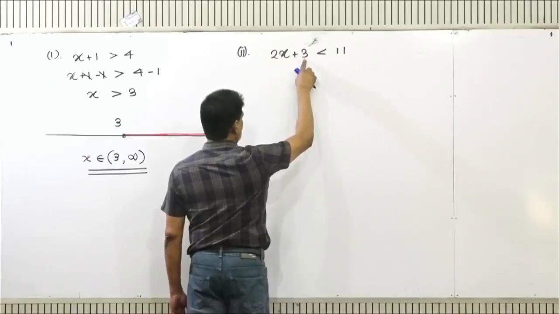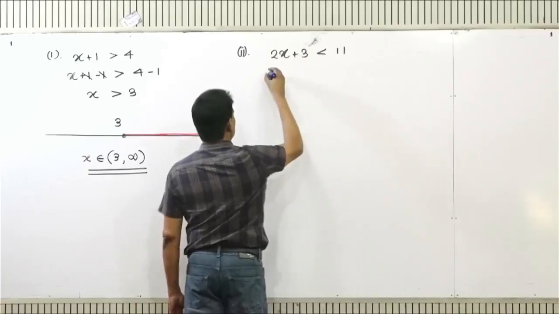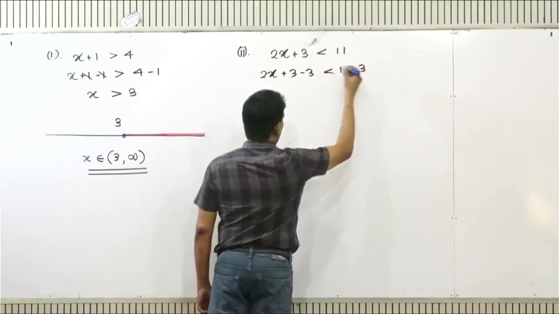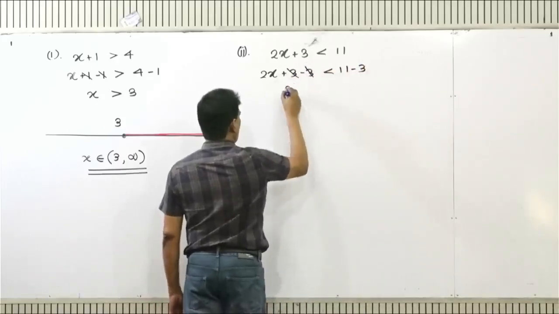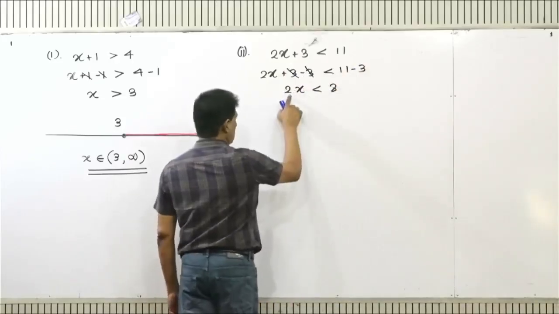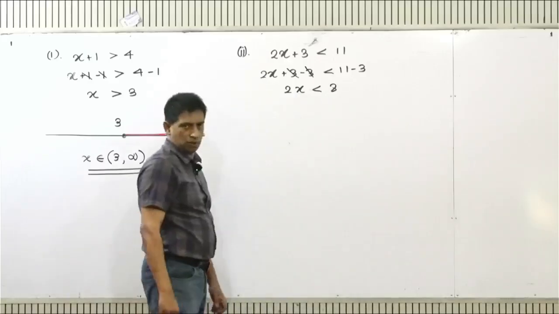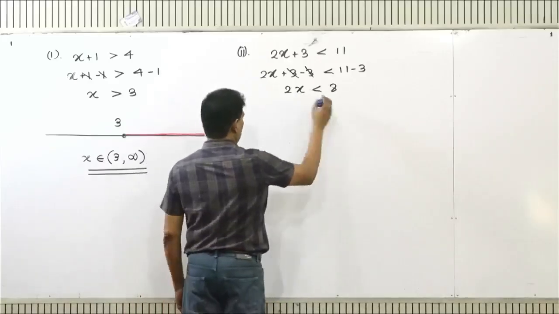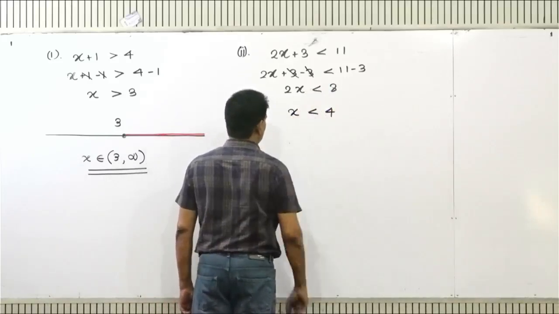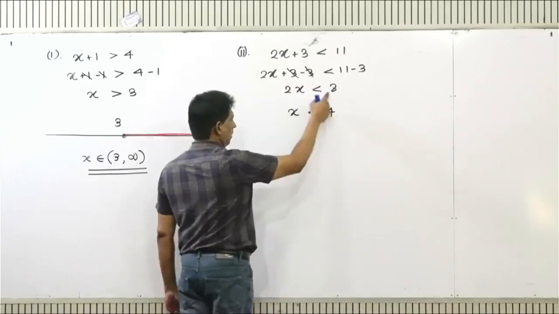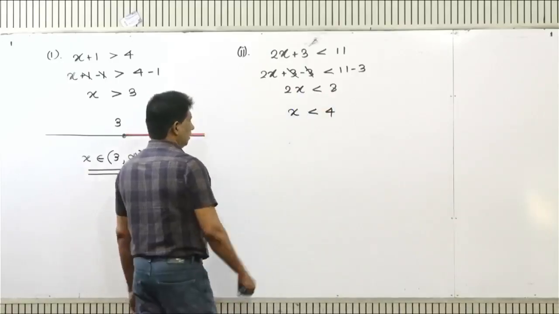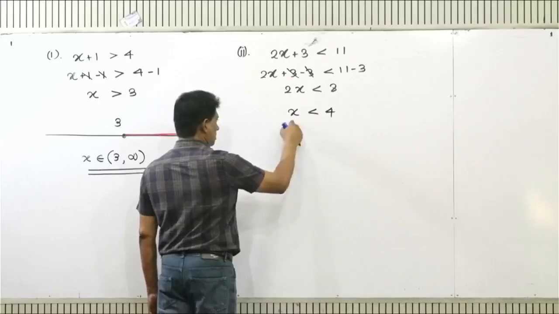We can remove the plus 3 by subtracting 3 now. To remove the 2, we have to divide both sides by positive 2. When we divide, here x. 8 divided by 2 means 4. As we divided by a positive number, the inequality mark does not change. And then the solution is x is less than 4.